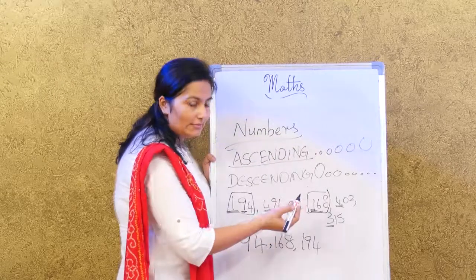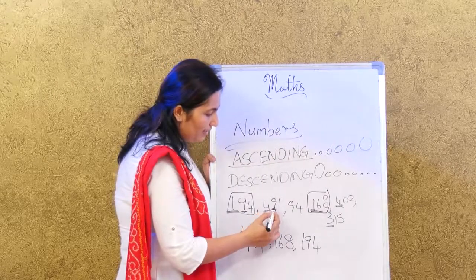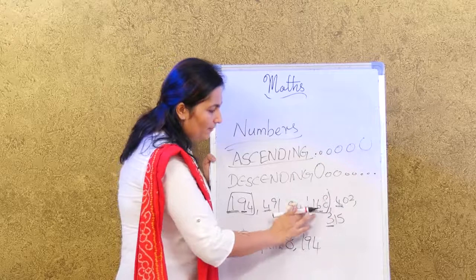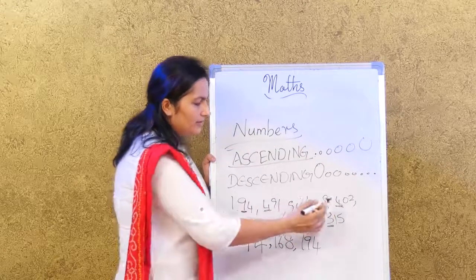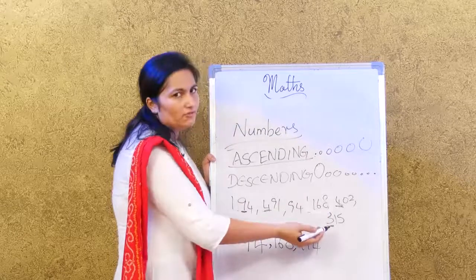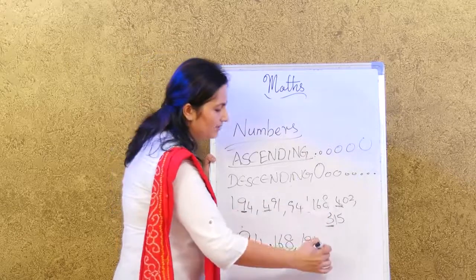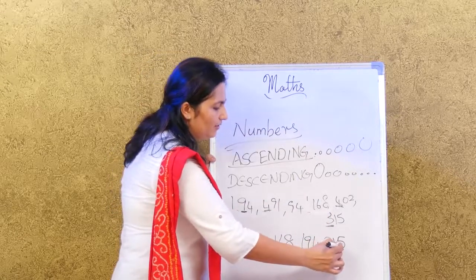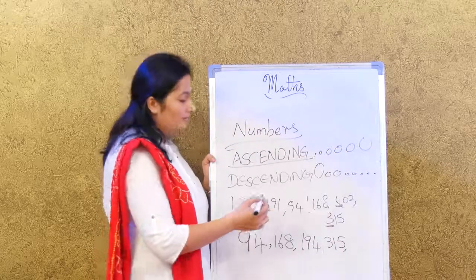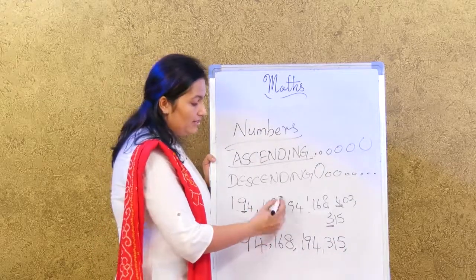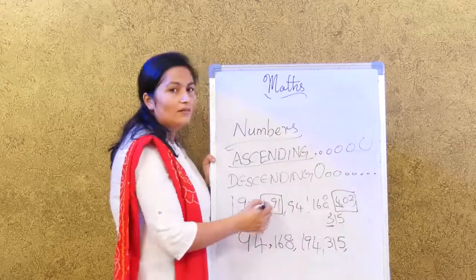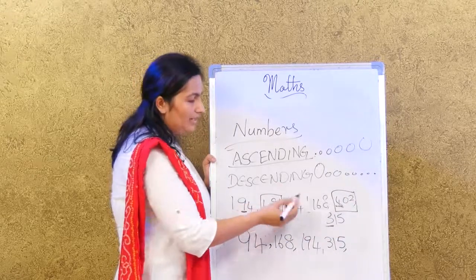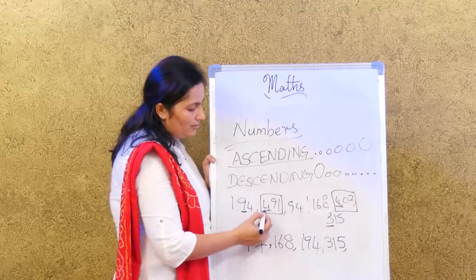Then what are the other numbers? Let us look. 491 and then there is 402, 315. Okay, so 300 is lesser. So, let us write the next number 315. Now, let us see what is the greater number in 491 and 402.